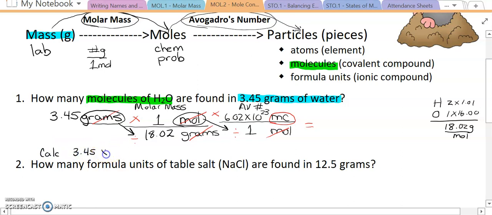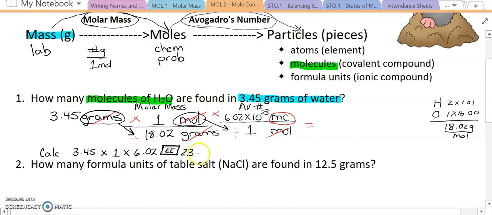I'm going to take it times 1. And yes, I usually skip that step. I'm going to take it times 6.02. Remember to put scientific notation into your calculator. You have either an EE or an EXP button to use. Do not hit times and do not hit 10. Hit that button and then just put in the power of the 23.